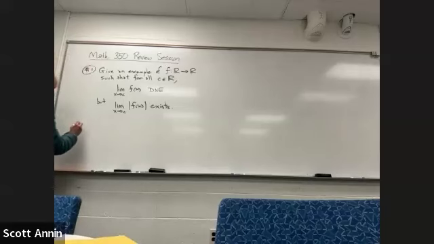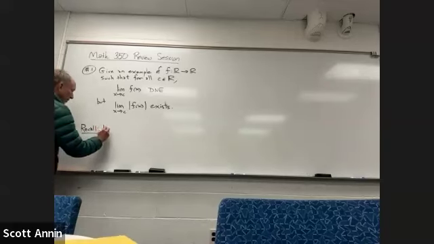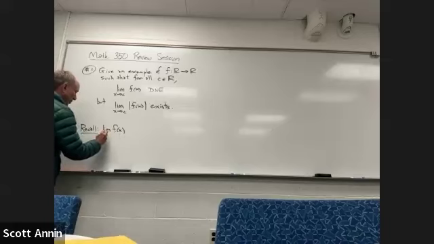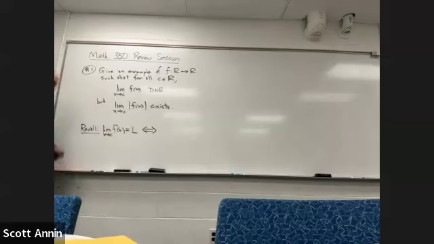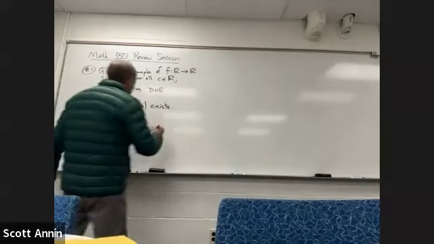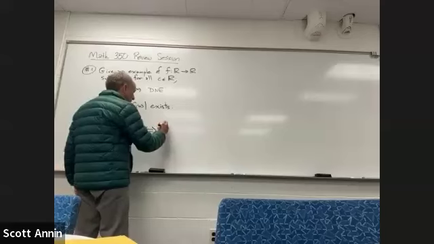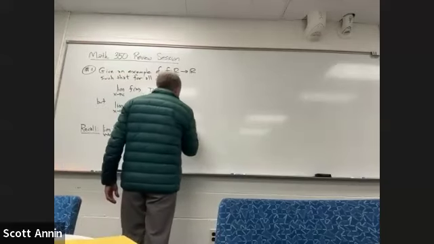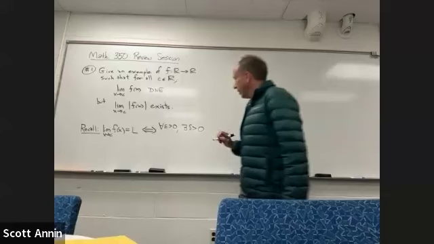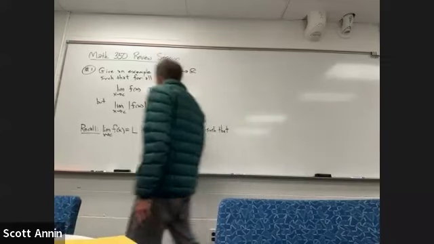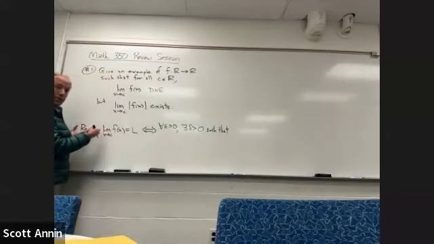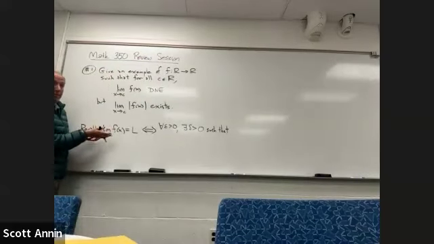So just to remind you again, you can be thinking about an example while I'm recalling some things here. The limit of f of x as x approaches c equals L. What that means, just to get it back on the board again, is the definition: for all epsilon greater than 0, there exists a delta greater than 0, such that, and by the way, asking you for this definition might be part A of the question.